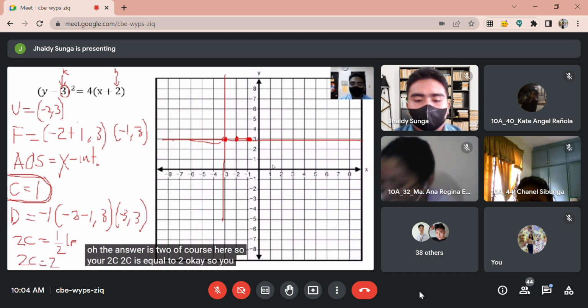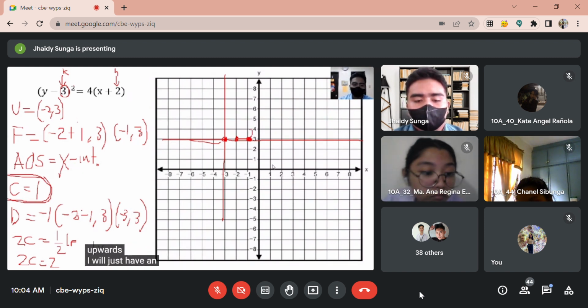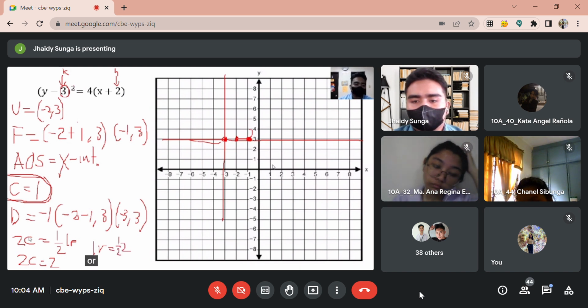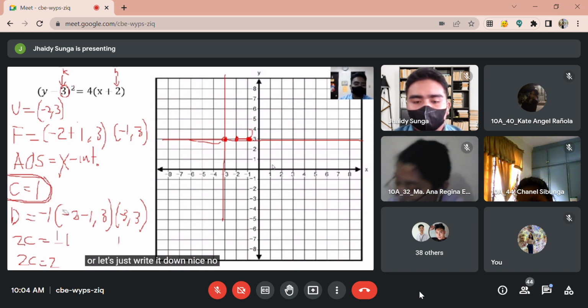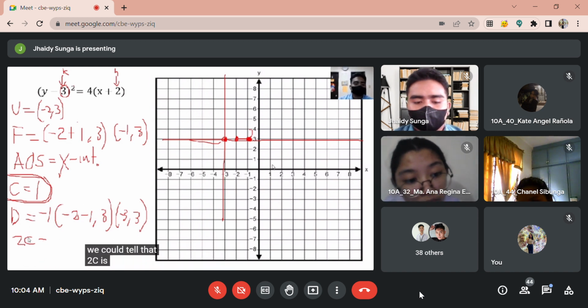So you have the value of 2, and you count 2 upwards. LR is equal to 2. Half of the LR, let's write it down nicely. So we could tell that 2c is equal to 2.